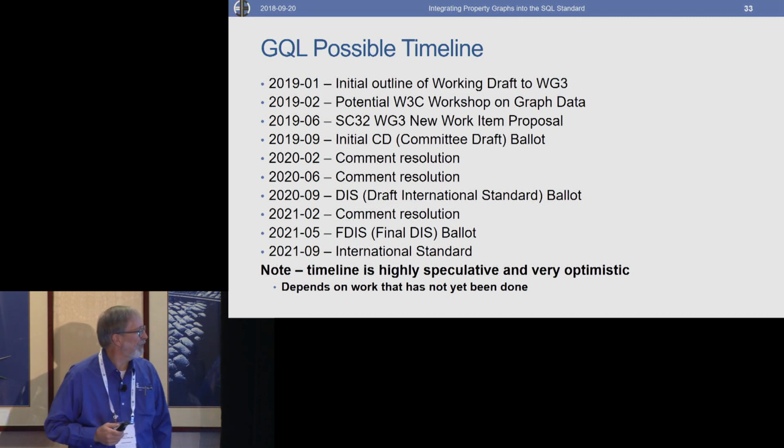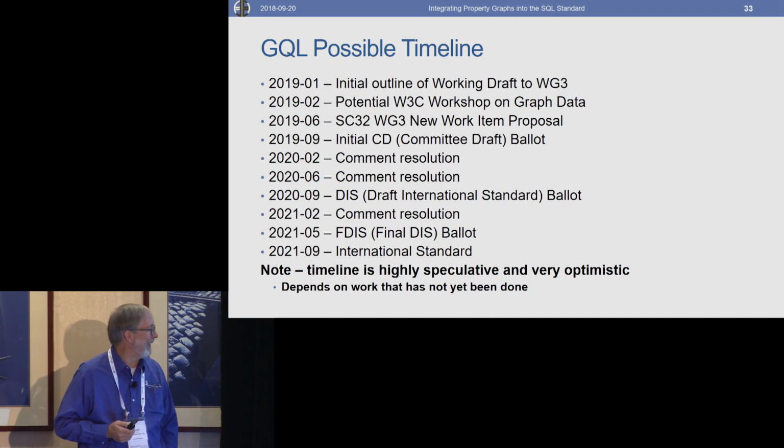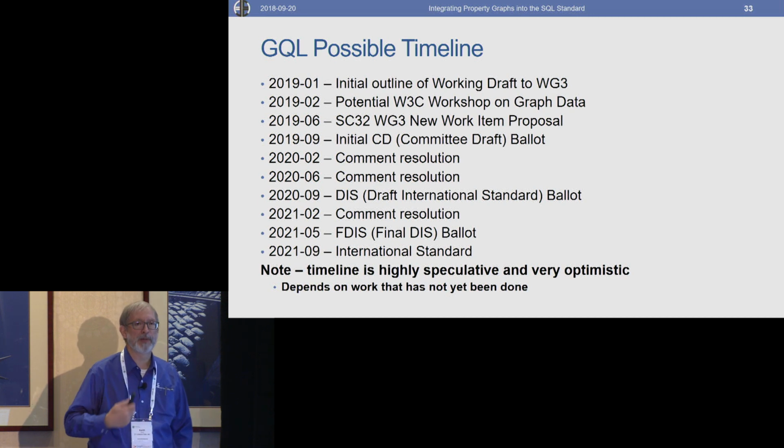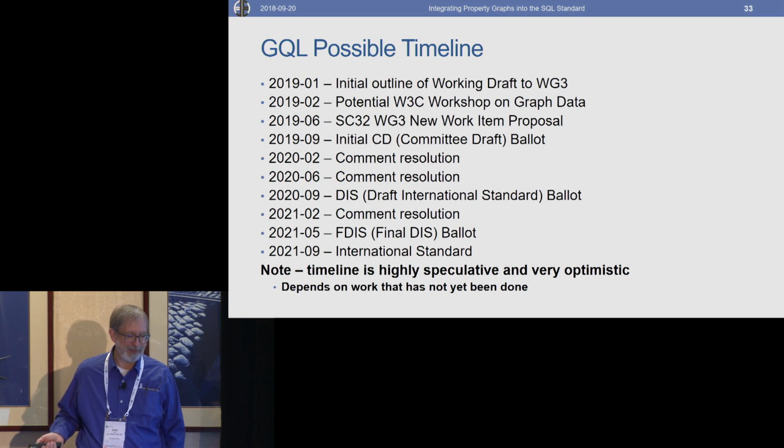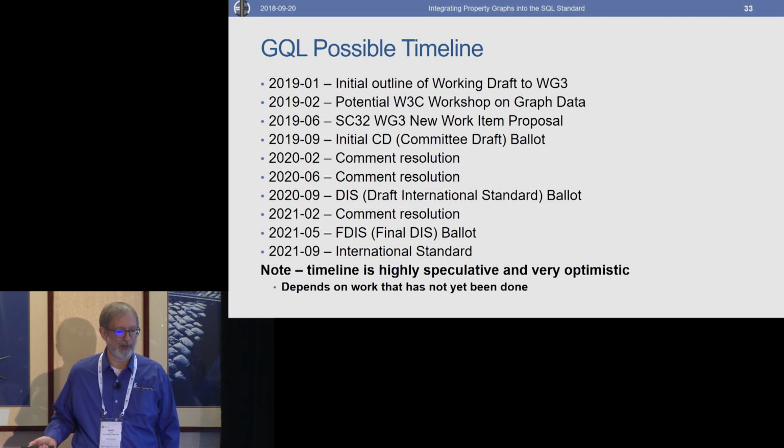I outlined this timeline, and it's fair to say that this timeline is highly speculative and very optimistic, and it depends on a lot of work that hasn't been done yet, and it's work that I'm not going to do, other people are going to have to do. So I can speculate about the timeline. I can't make it happen without a lot of people doing a lot of work.